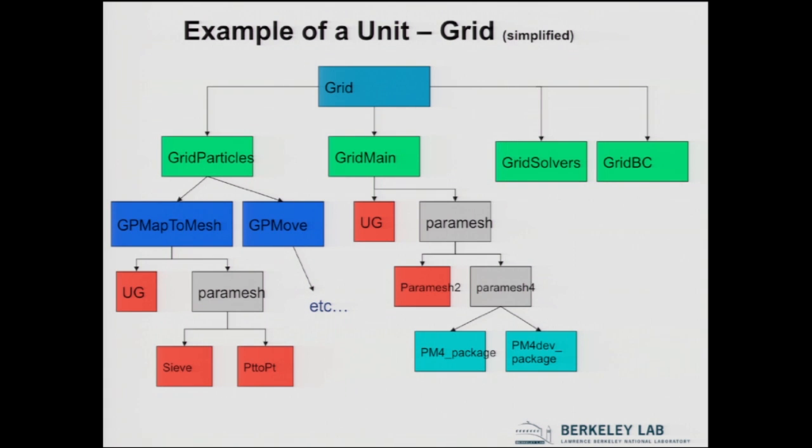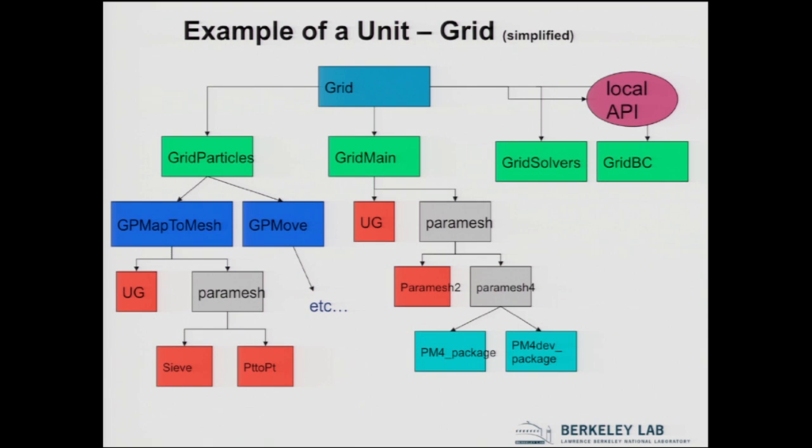So it's not always true that the full numerics for a particular physics reside in that physics unit. It can happen that some part of the numerics resides under the grid and some part resides under the specific physics. There are instances where a function from one subunit is called in another subunit, in which case you can run into a problem that your code won't compile if you haven't included that subunit.